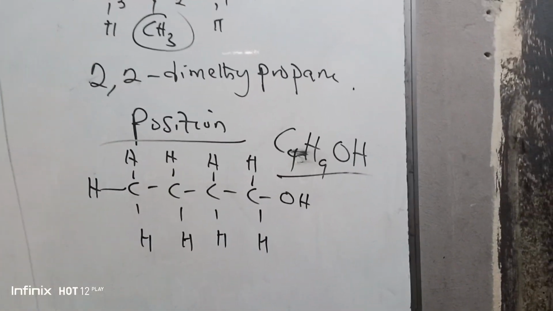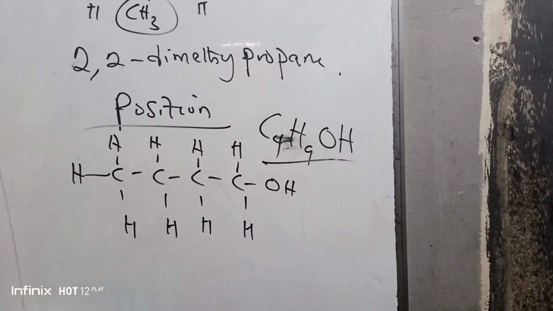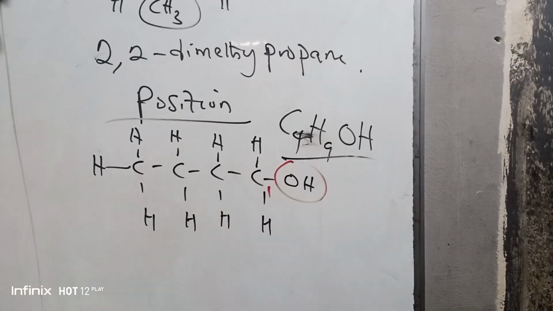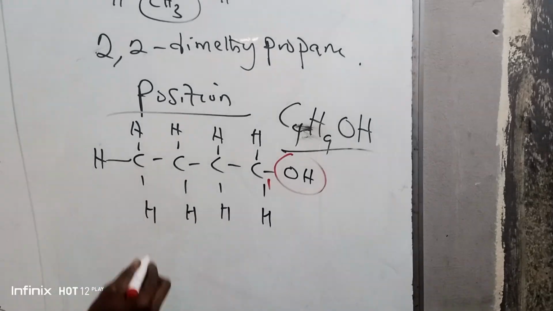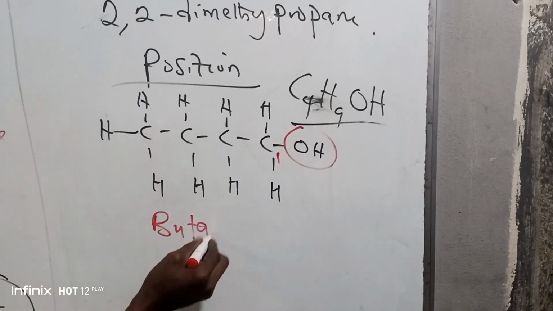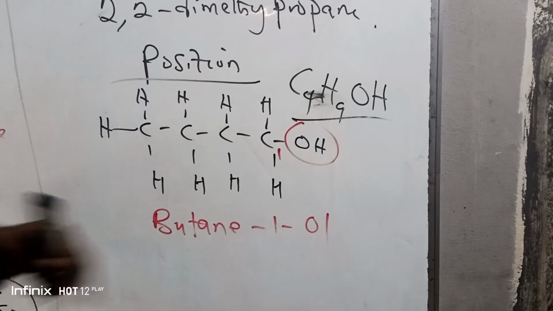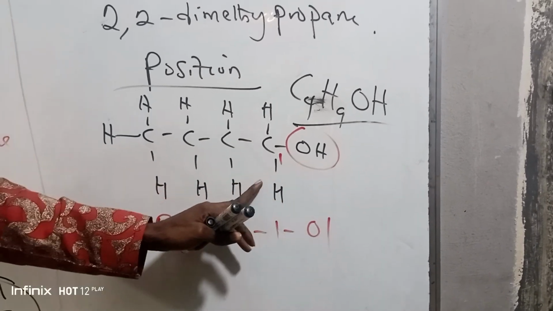What I have here is normal butanol, where the hydroxide group is attached to carbon number 1, so it can be called butan-1-ol.